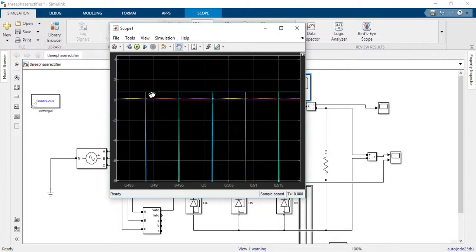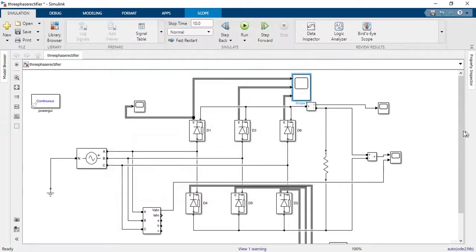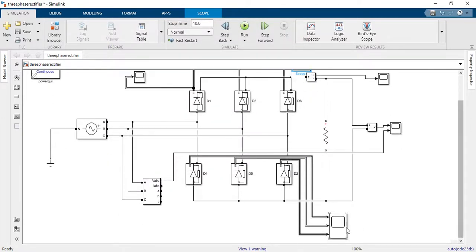These are the points in which, first D1, D3 and this one is D6. Similarly for D4, D5 and D2, you can see here.